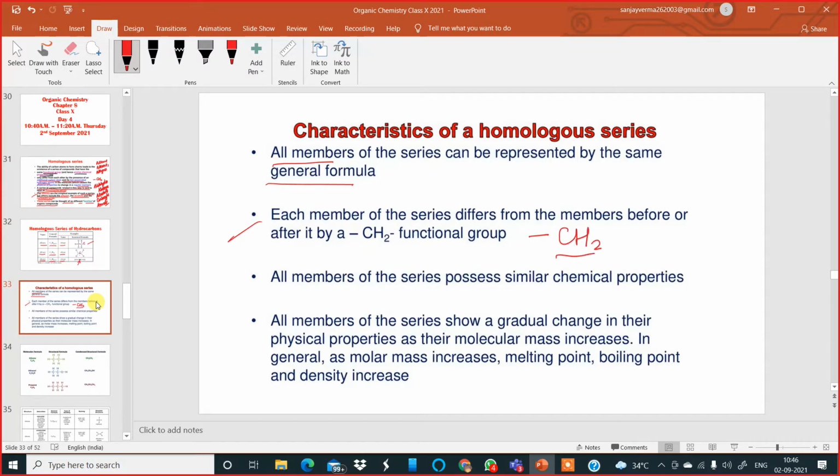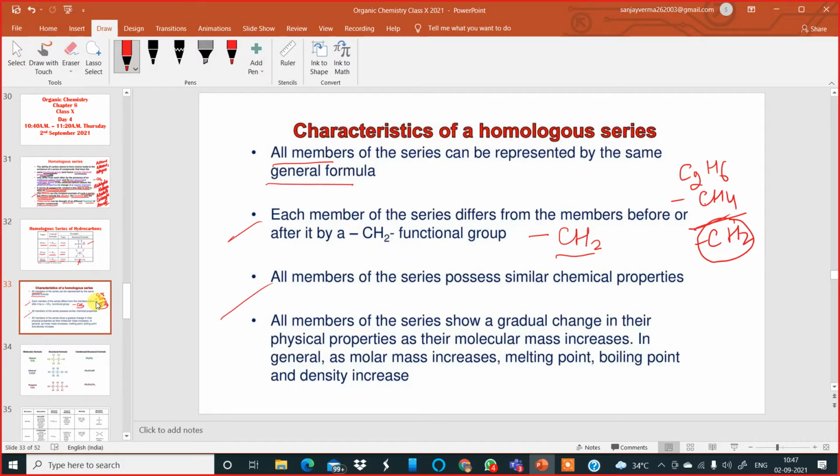For example, ethane has the formula C2H6 and methane has the formula CH4. If I subtract them mathematically, 6 minus 4 is 2, so 2 hydrogens, and 2 carbons minus 1 carbon is 1 carbon. So that is a CH2 group. So the successive members differ by a CH2 group.